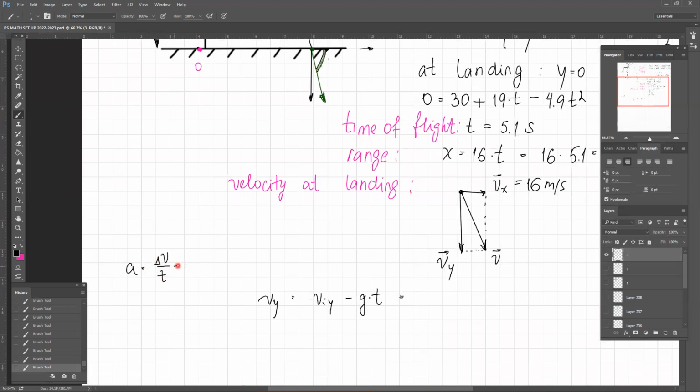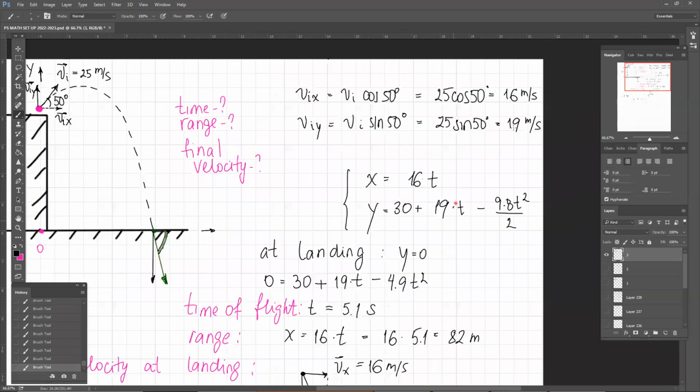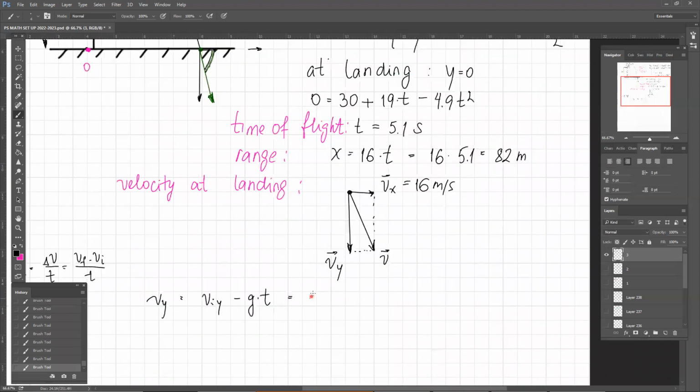Change of velocity over time. Final minus initial divided by time. So from here it's coming. Just specifically applied to y component. Our initial was 19 minus 9.8 multiplied, and our time was 5.1.